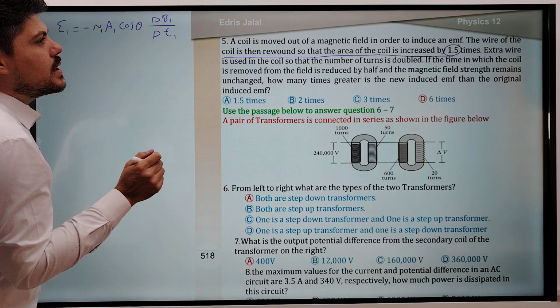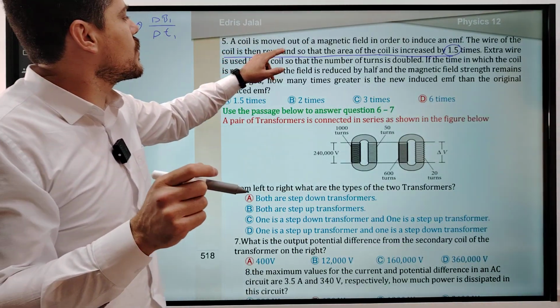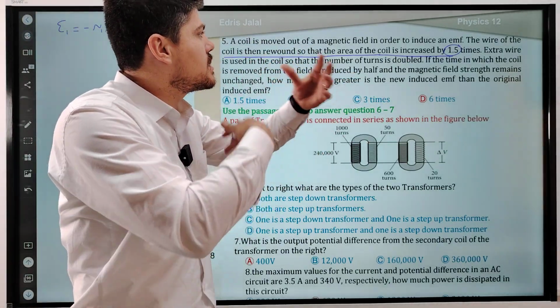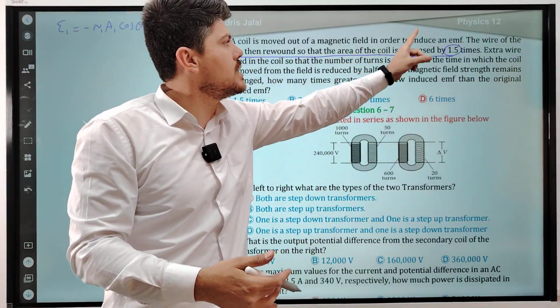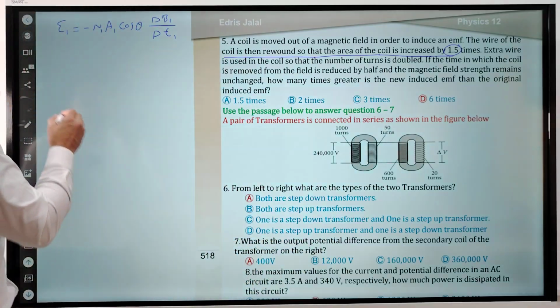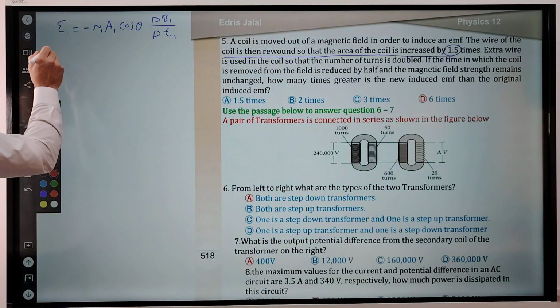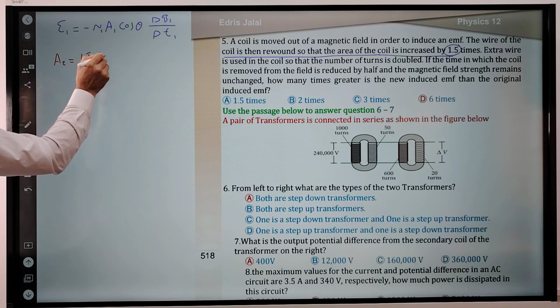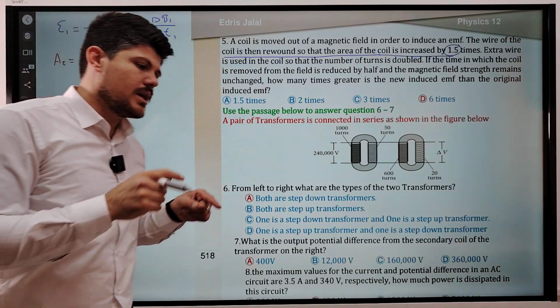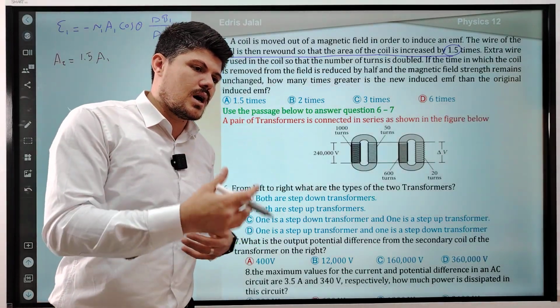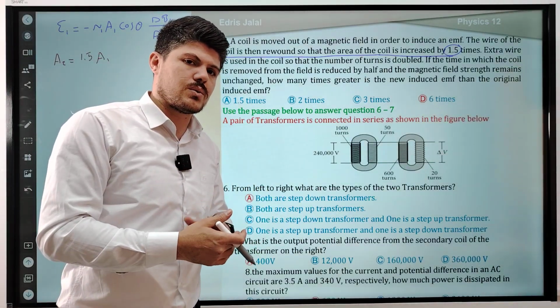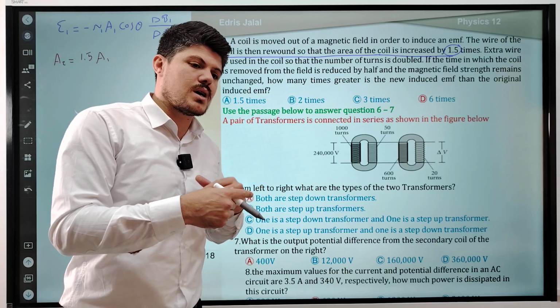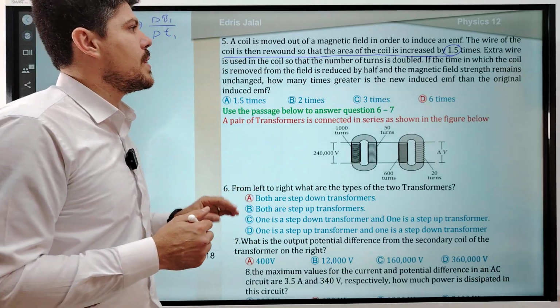In this question, the coil is then rewound so that the area of the coil is increased by 1.5 times. What do I mean by that? It means that A2 is equal to 1.5 times A1. It means that the area the second time, the second rewound of the wire, is bigger than the first time by a factor of 1.5.